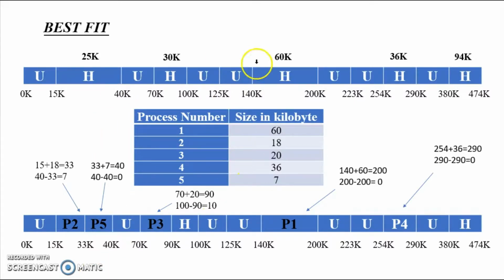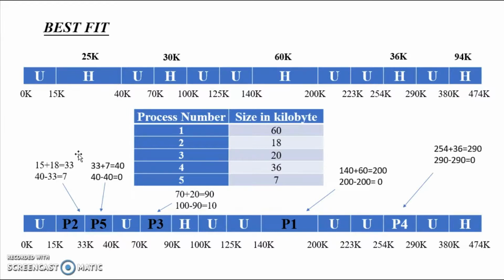Say we start from process number 1, which contains 60 kilobyte, and for best fit we have to find the smallest hole to match for the process number 1, 2, 3, 4 and 5. So we start from process number 1 with 60. So the first one, we go into the first hole, which is 25 kilobyte. It cannot fit. We go into the second one, it also cannot fit.